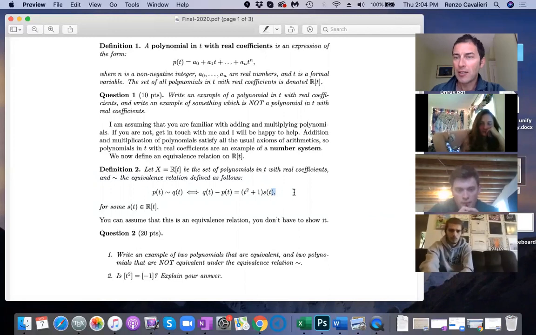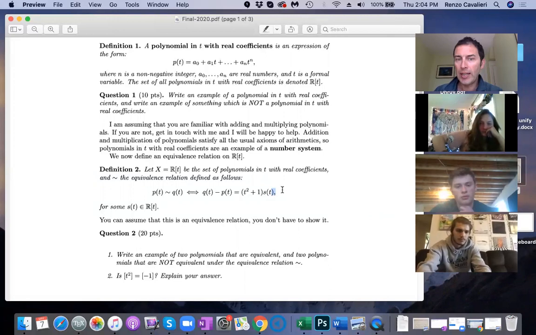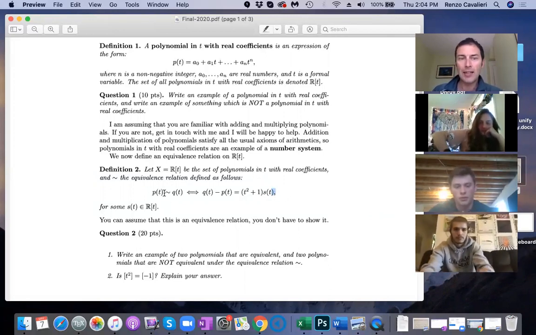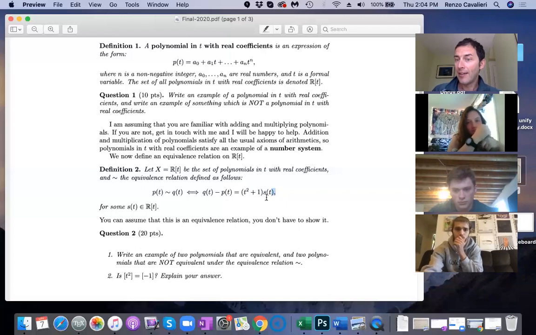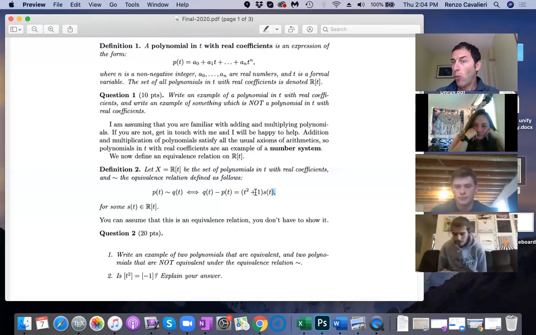This is very similar to what we did with the integers, when we said that an integer m and an integer n are equivalent if and only if their difference is a multiple of 9. You can divide any integer by 9, and if it's not a multiple of 9, you will have a remainder between 1 and 8.